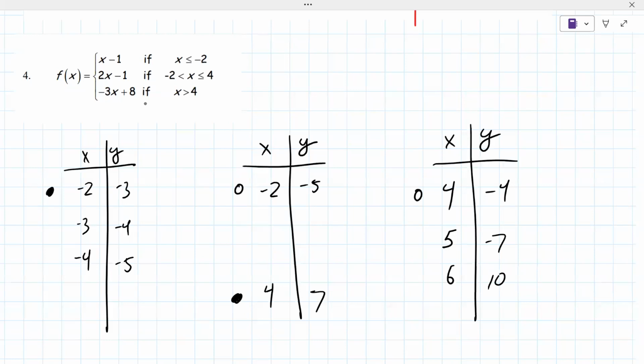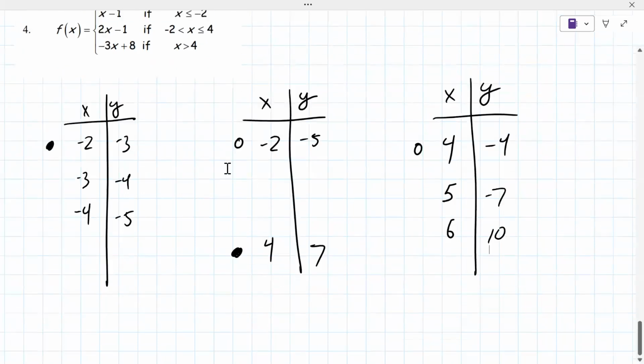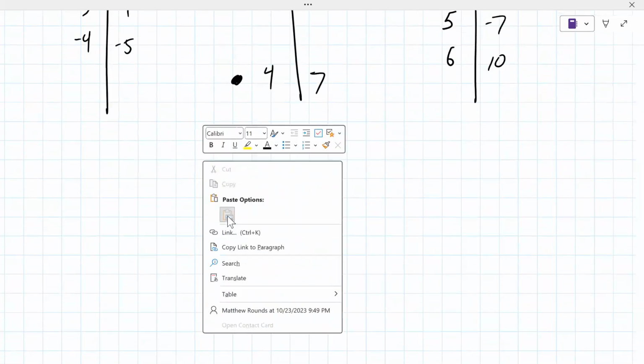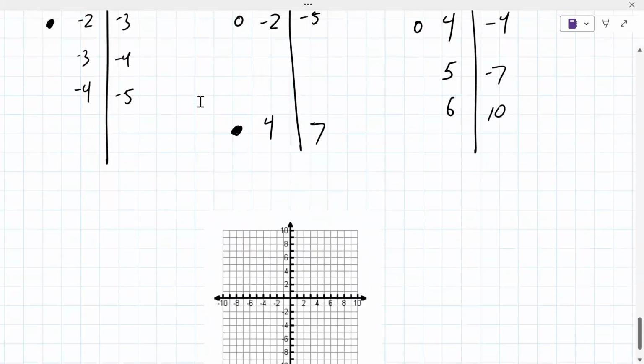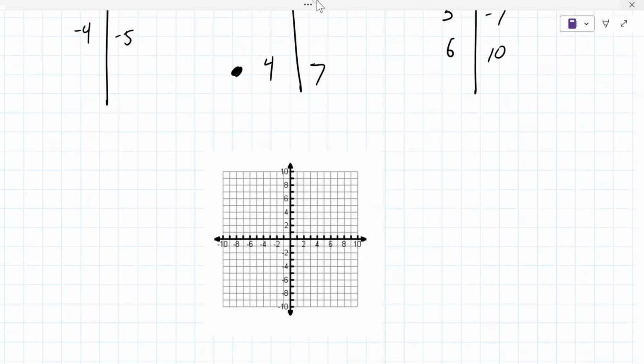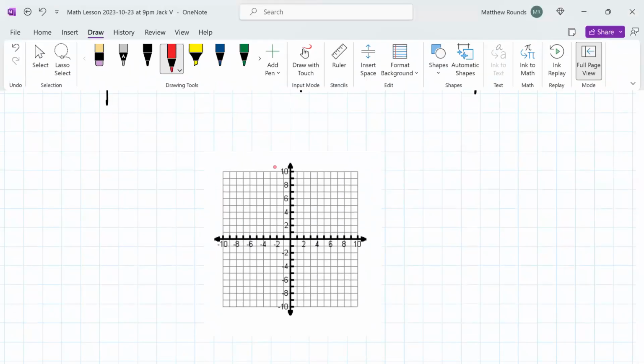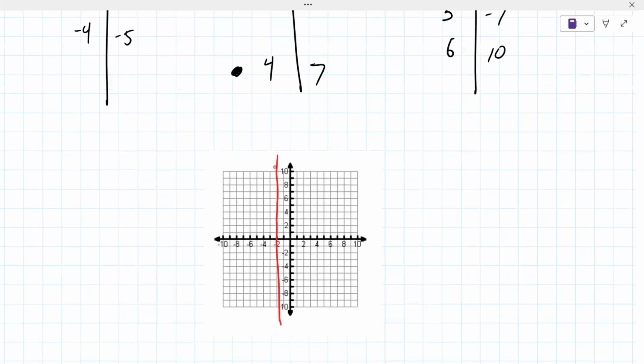All right, very good. So the next thing is the graph of this, and I'll just snip this in. There's three regions this time. There's less than -2, -2 to 4, and then greater than 4. That's where it's a little bit harder when there's three pieces, but you've got to remember that.